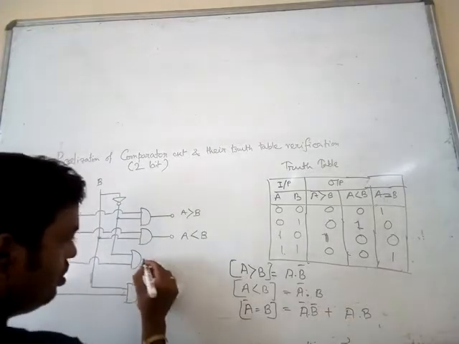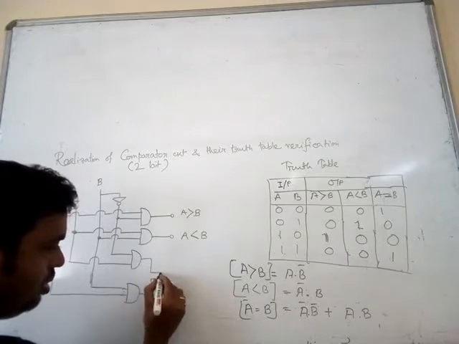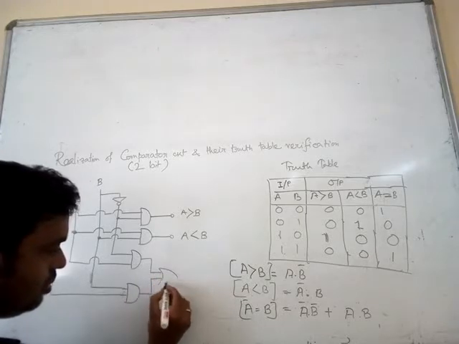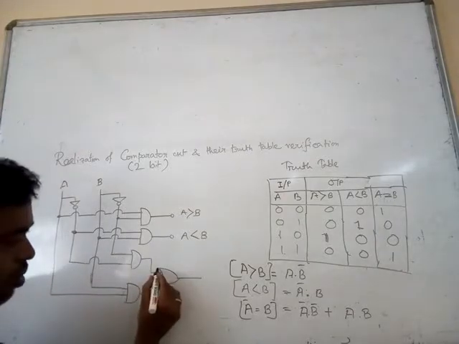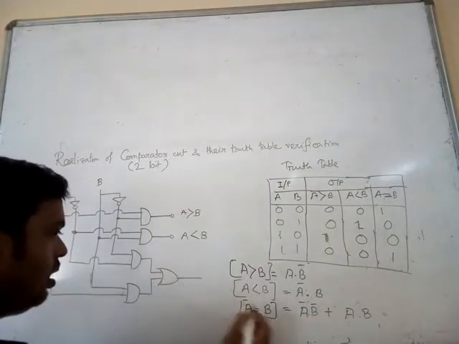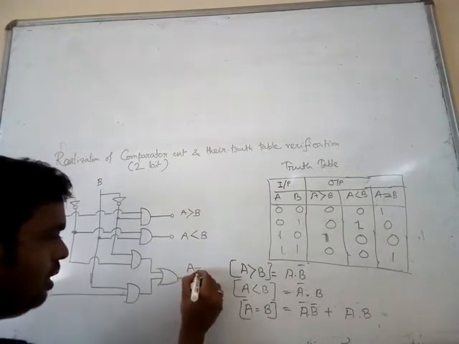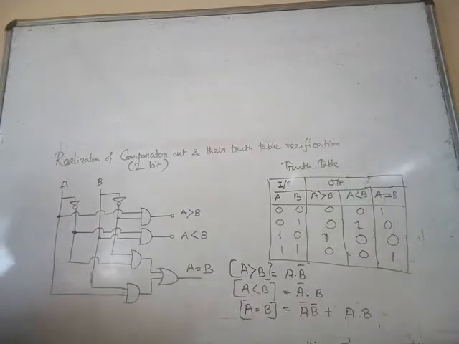Then addition, so for addition it is an OR gate. From the OR gate, we get A equals to B. I think the circuit is clear.